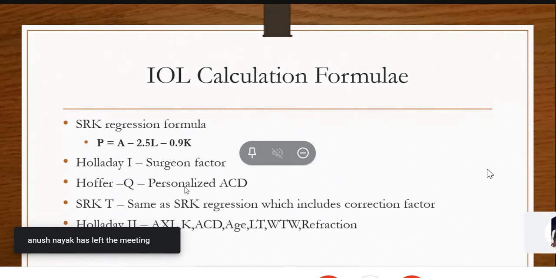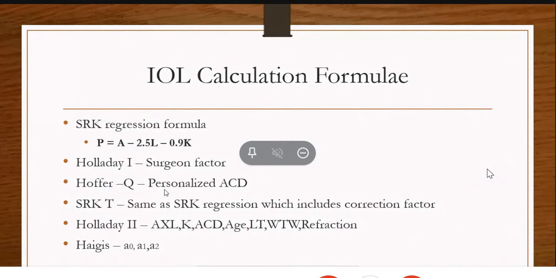With that ACD, they will end up with this personalized ACD. So each and every doctor will have a separate personalized ACD. So whenever the doctor is choosing the Hoffer Q, in that case, they will use their own personalized ACD to calculate the IOL power. Both these two formulas, Holladay 1 and Hoffer Q, are used for patients whose axial length is less than or equal to 18 mm.